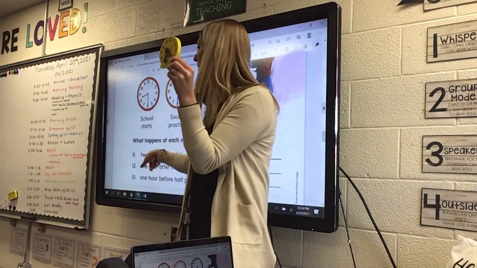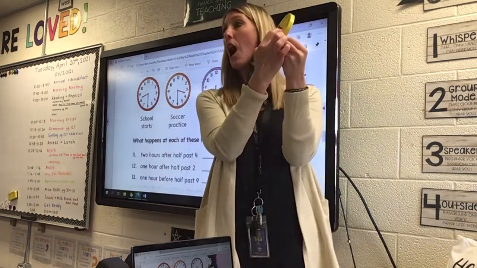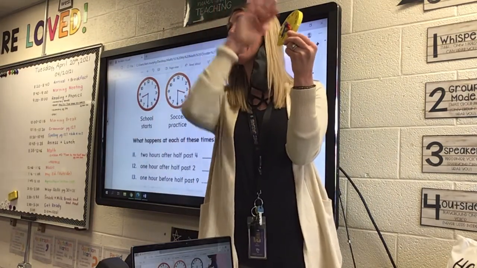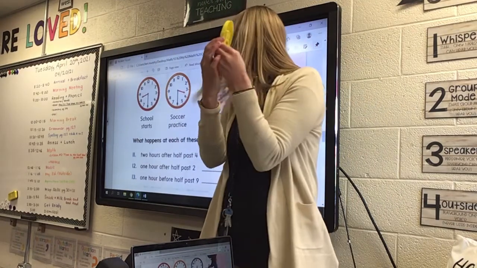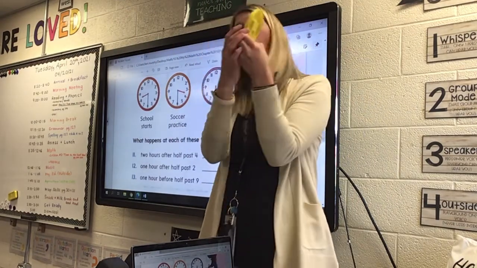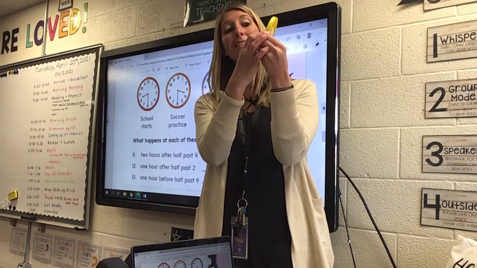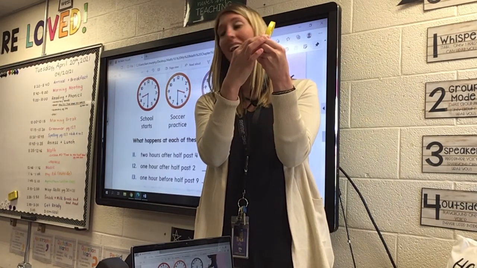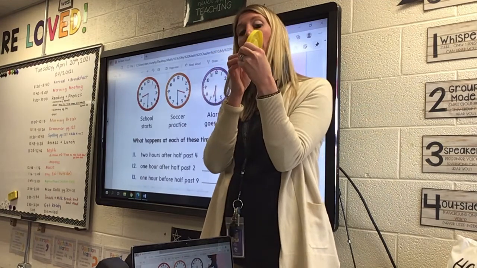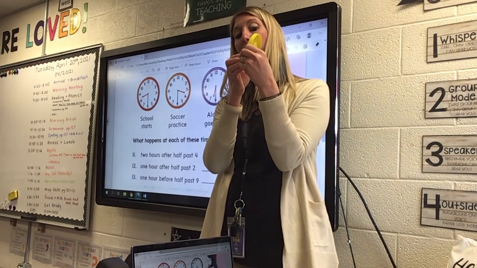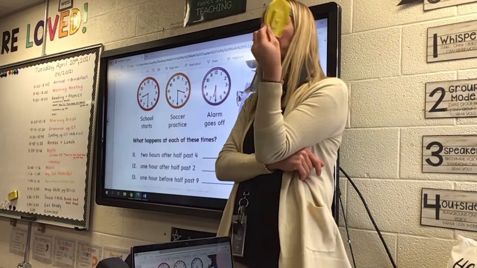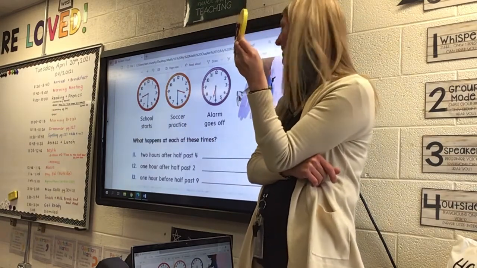Now, it says 2 hours after. So I'm going to make my hour hand move 2 hours ahead. If I go from 4 to 5 and 5 to 6, that's going to be 2 hours later or after. So what time would that be, Wyatt?